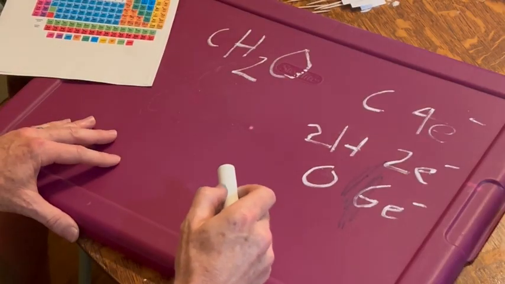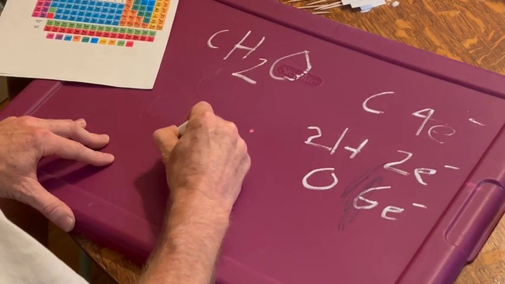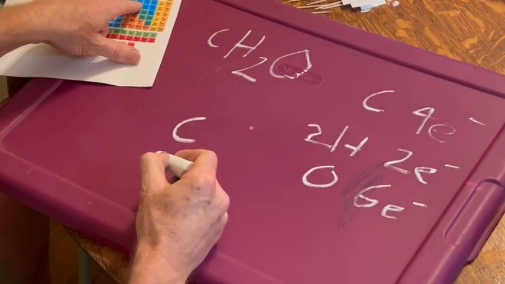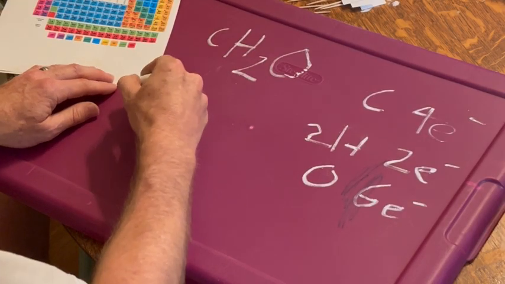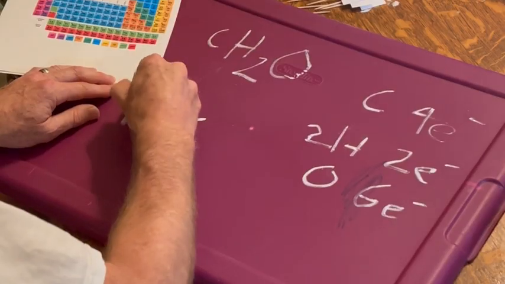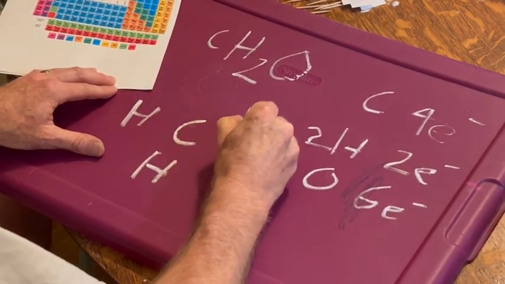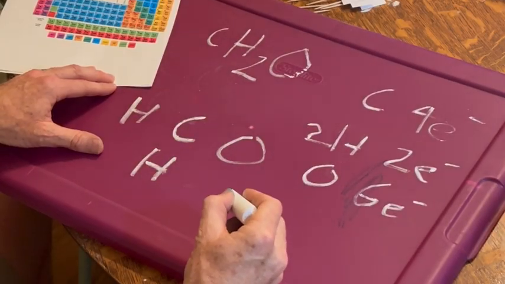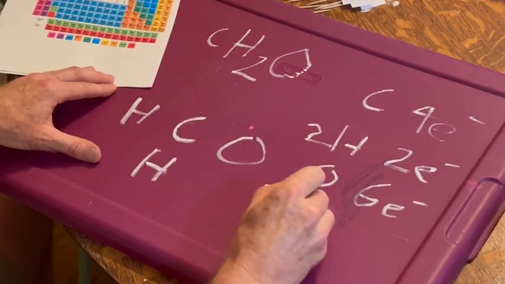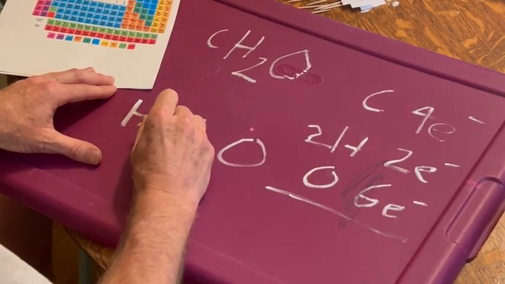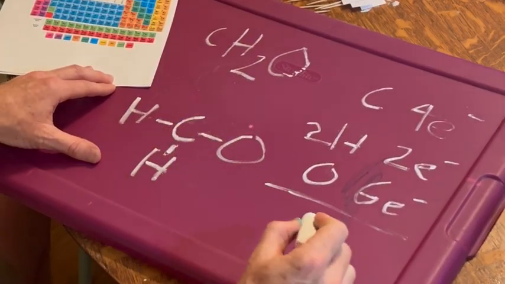To make the Lewis dot structure for this, you start with carbon in the middle because it's the most electronegative. You surround it with 2 H's and an oxygen. And you start by subtracting its bond pairs.